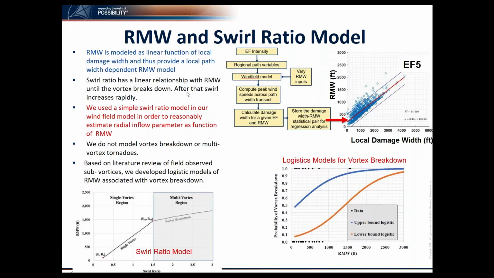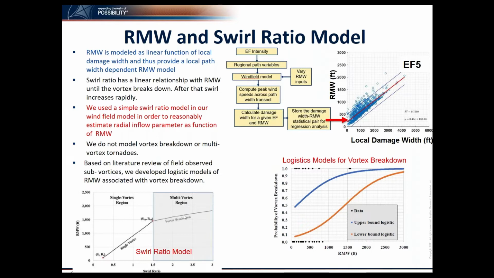From the literature review, we found that the swirl ratio increases linearly when the tornado has a single vortex, and after the vortex breakdown, when the tornado is unstable, the swirl ratio increases more rapidly.